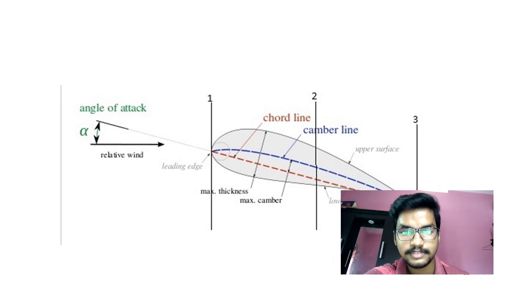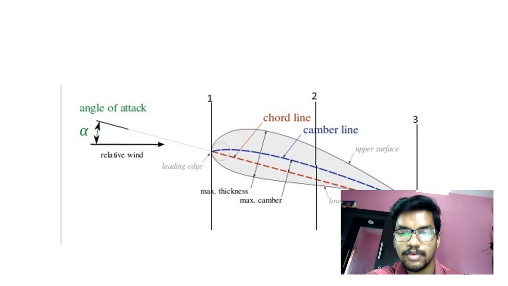Moving on to the next slide, we can see the schematic diagram of an aerofoil section. Some important terms are mentioned in this picture, like chord length, chord line, maximum thickness, maximum camber line, leading edge, trailing edge, and also angle of attack.